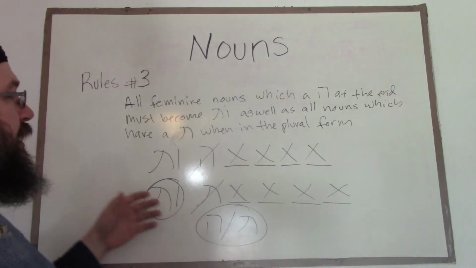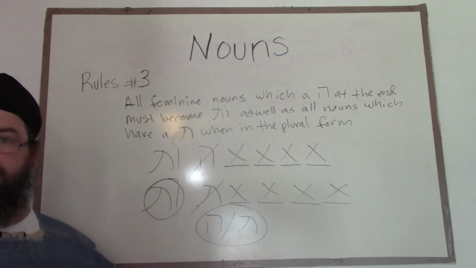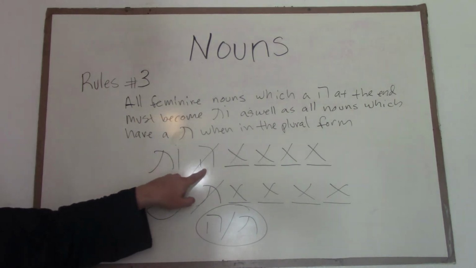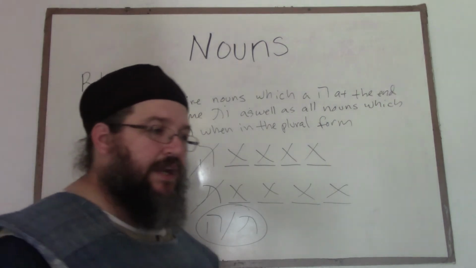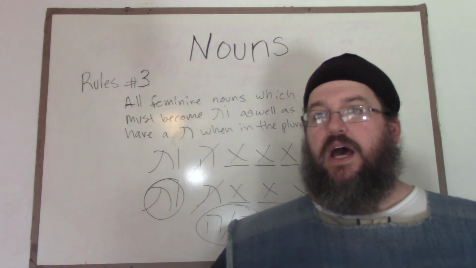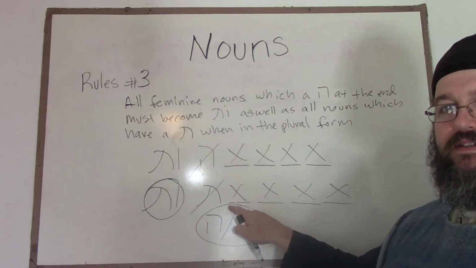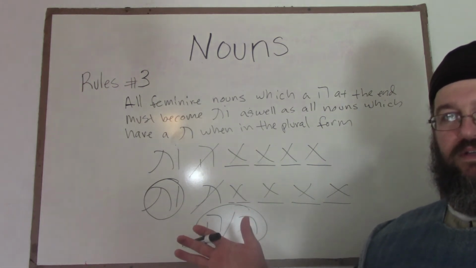So when we're talking about a noun that looks feminine, all I have to do is simply this. Take away the ot, put a hey or put a tav at the end, and try to look at my word in the dictionary. If I cannot find it with a hey or tav at the end, I can guarantee you that this last letter is the last letter in the word. You follow that? That's how simple this is.